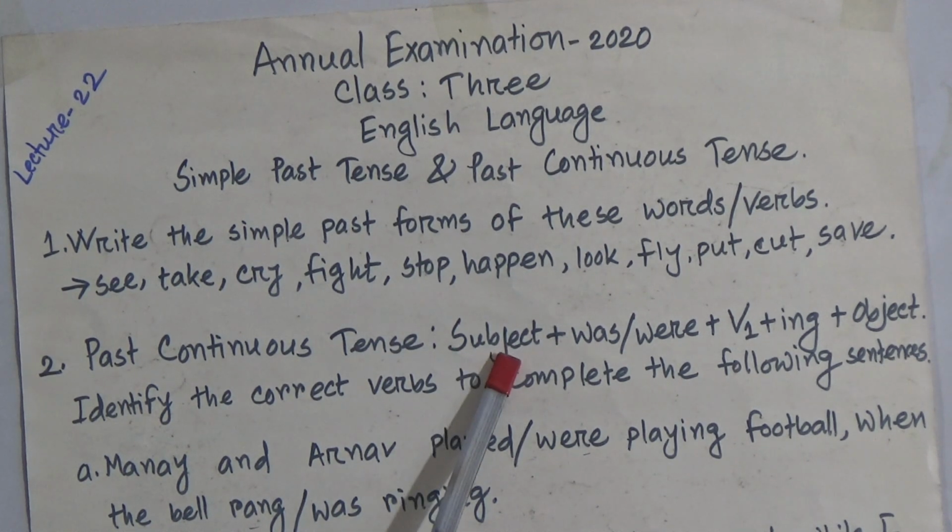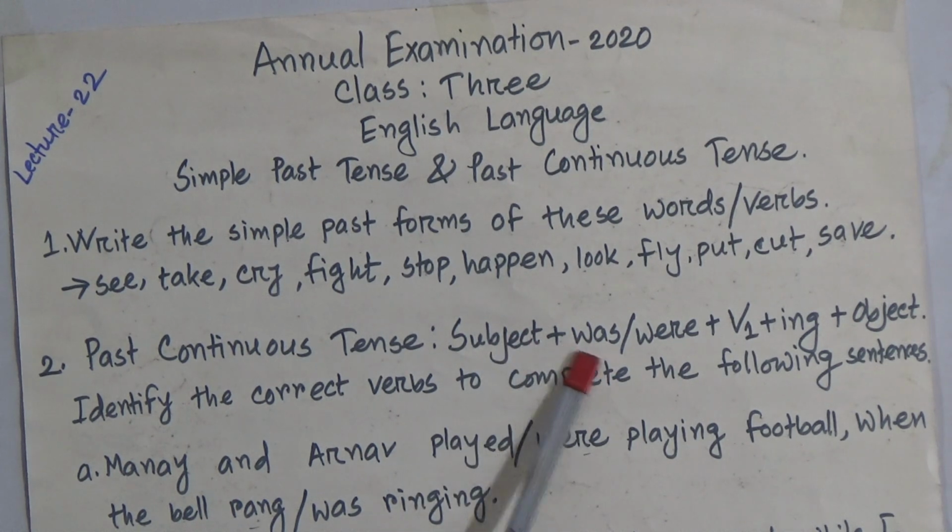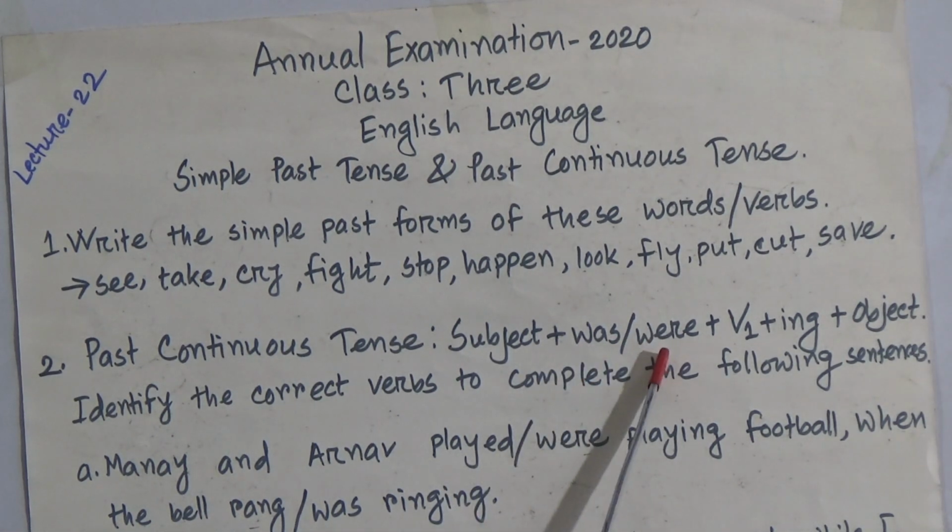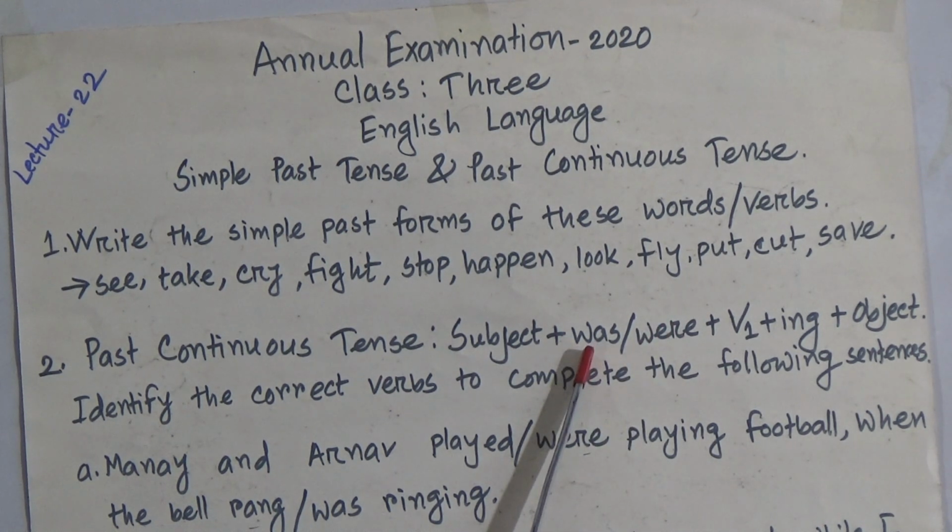First of all, you have to write down the subject, then was or were. Whenever the subject is plural, whether first person, second person or third person plural, at that time we have to use were. And whenever the subject is singular, that means third person singular or I, first person, then we have to use was.